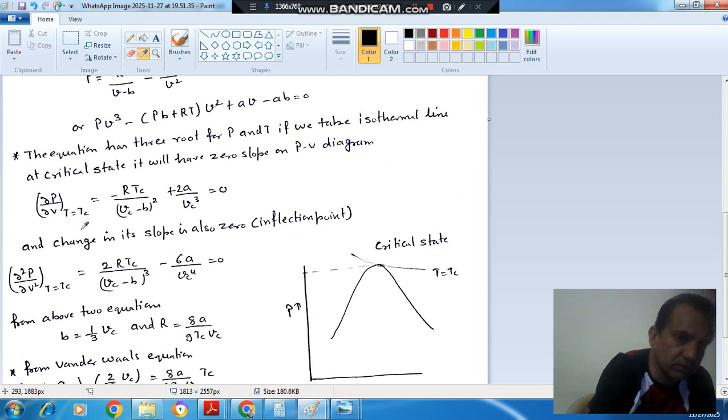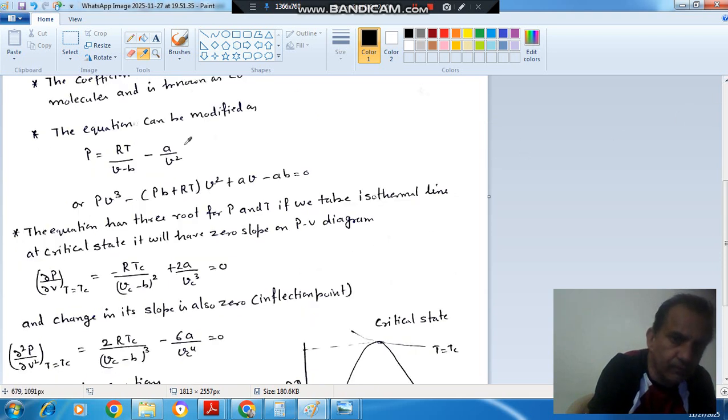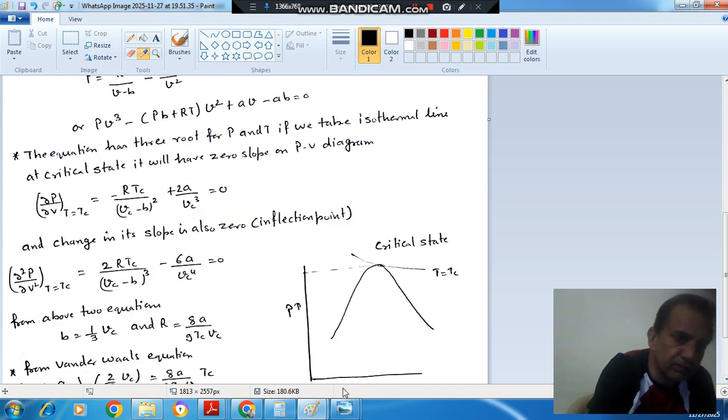If we differentiate this equation, it comes out as −RTc/(vc − b)² + 2a/vc³. As the slope is 0, it is equal to 0, and the change in slope is also 0, so the double differentiation with respect to v will also be 0.